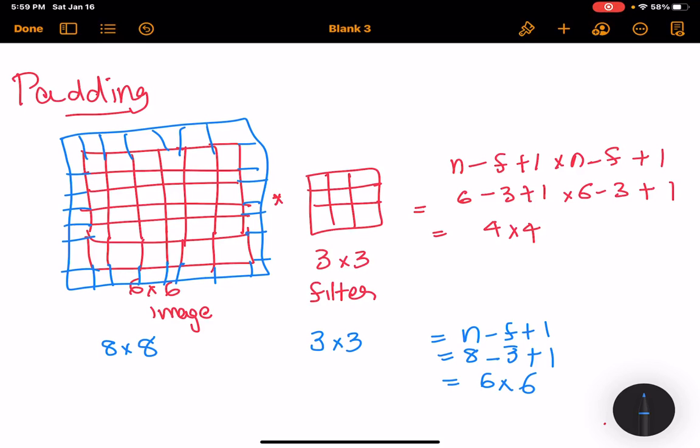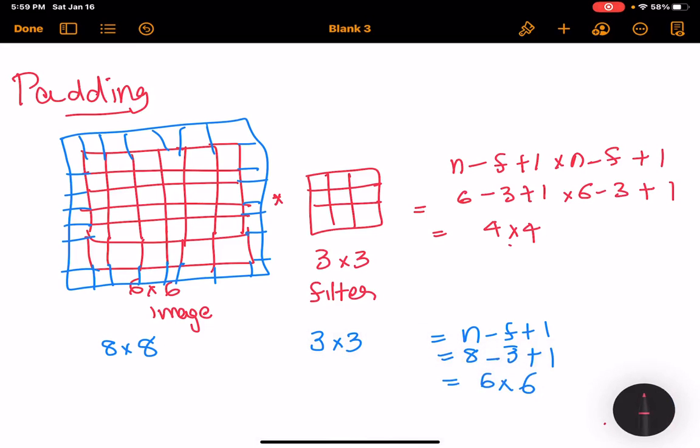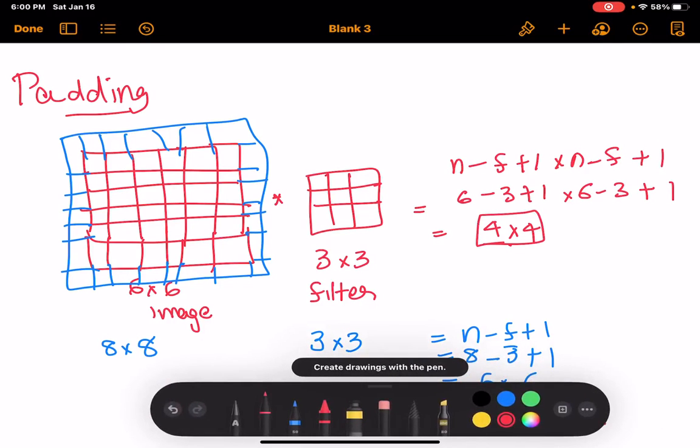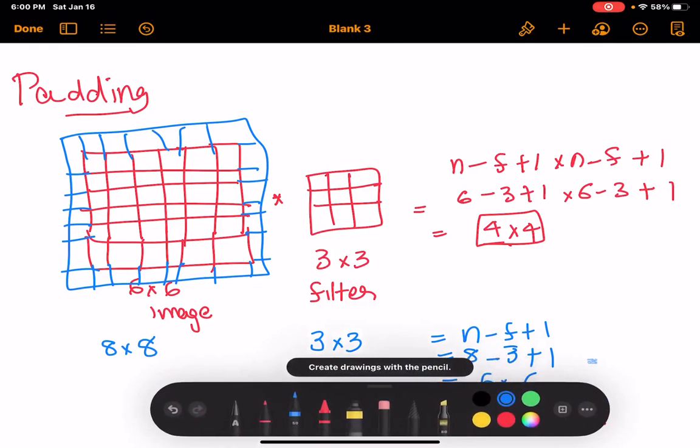In my initial case, when there was no padding, my image shrank to 4 cross 4 in the very first convolution operation. Whereas after adding a padding of one layer, my image shrinks to only 6 cross 6 after my first convolution operation.